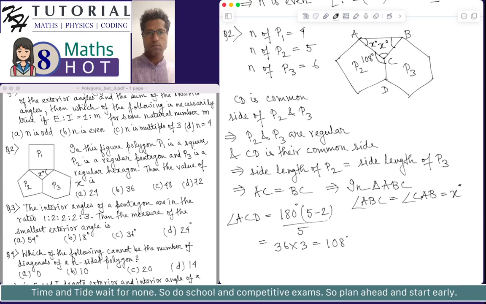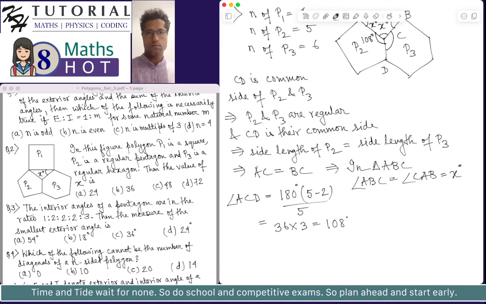We also now need to find this angle, which is an interior angle of the regular hexagon P3. So angle BCD will be equal to, using the formula of each interior angle of a regular polygon, 180 degree multiplied by (6 minus 2) divided by 6, since P3 is the regular hexagon, so n will be 6.